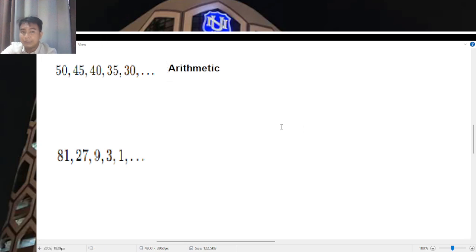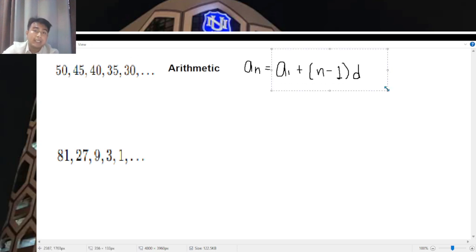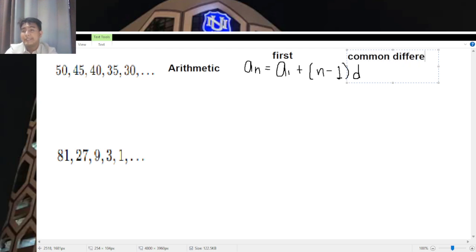And arithmetic sequences follow this formula. a_n, or any term that you want to use, would have this formula. First term plus n minus 1 times d. Okay? So if I'm going to define it, again, the first term, okay? And then what's d in this formula? The common difference. Or basically, it's just asking you how much is added or subtracted.